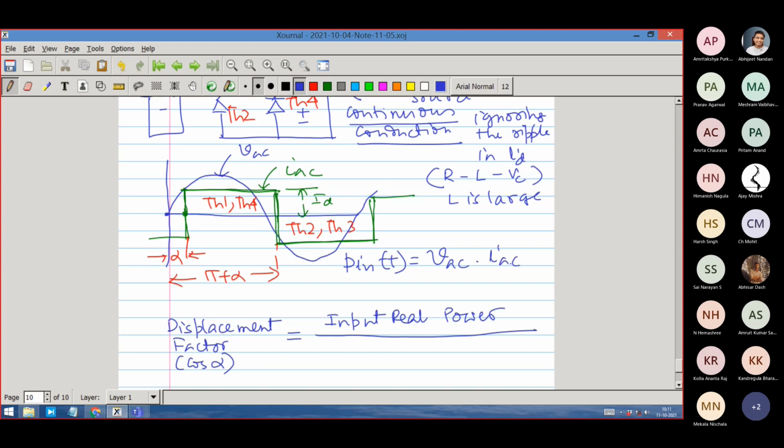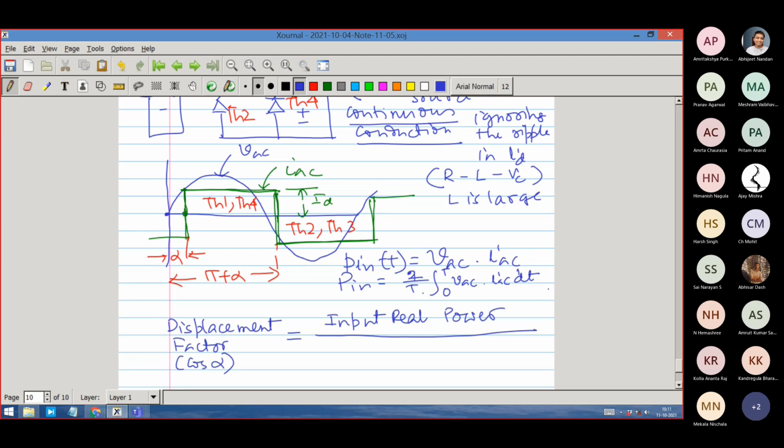So the average P in is 2 by T, where T is the period, into the integral from 0 to T by 2 of VAC into IAC dt.